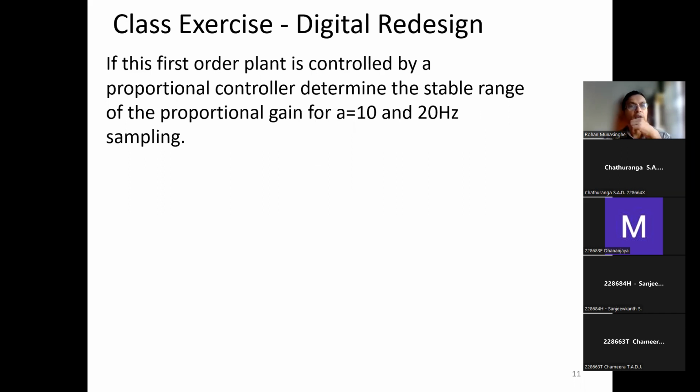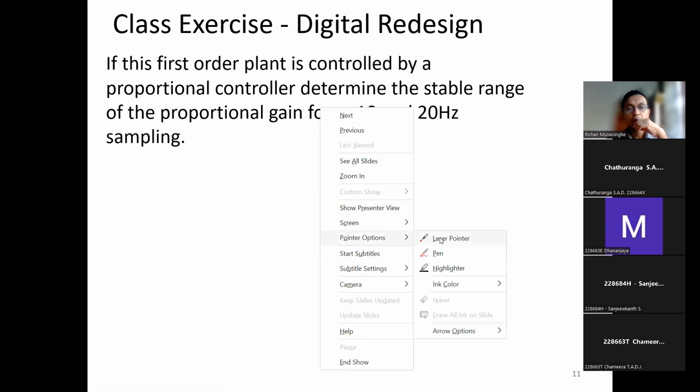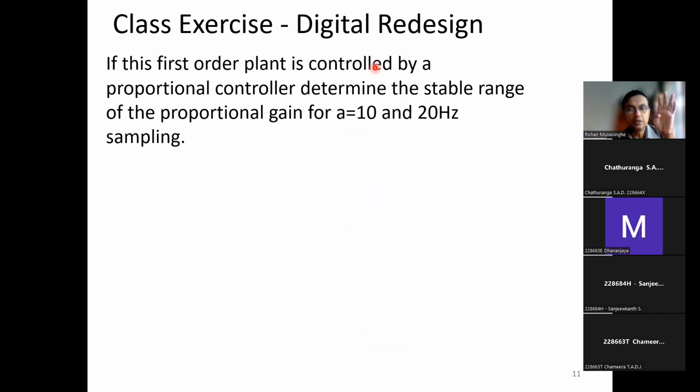What about this one? The first order plant, the one we worked out before the break, is controlled by a proportional controller. The same first order plant, and now you have a proportional controller to control it.